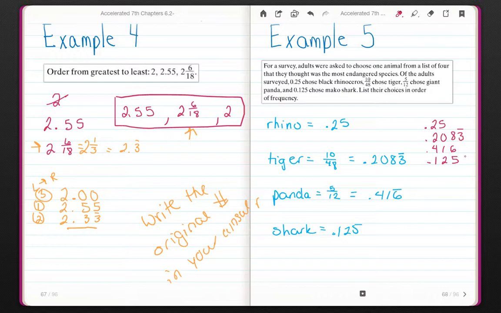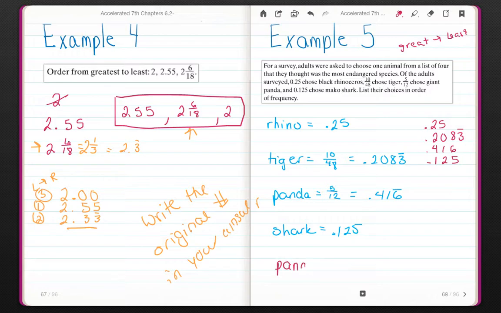So I want them in order of frequency. This is actually going to want it from greatest to least. Order of frequency, greatest to least. So the greatest is 0.416. If I compare my tenths place, the largest number is a 4, which is the panda.